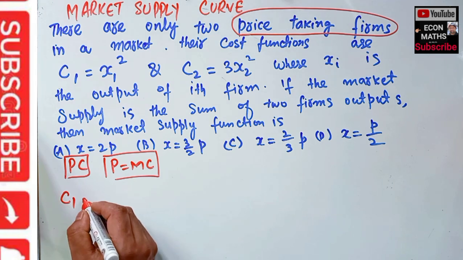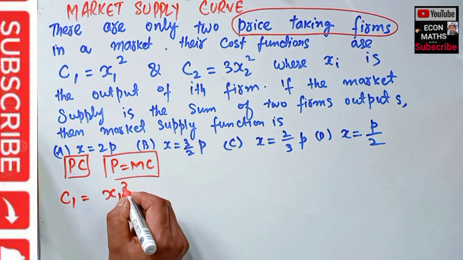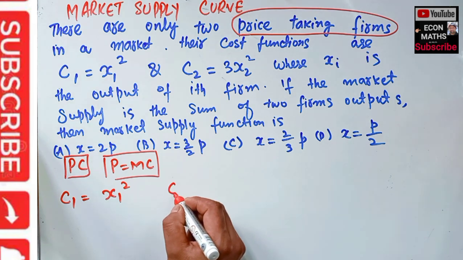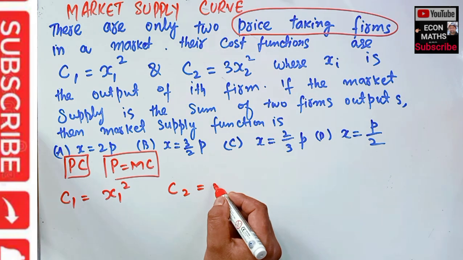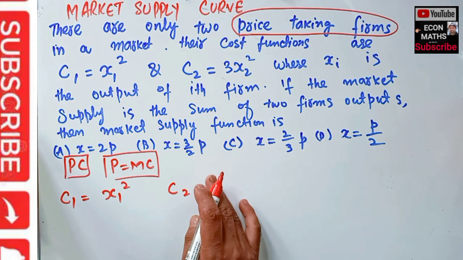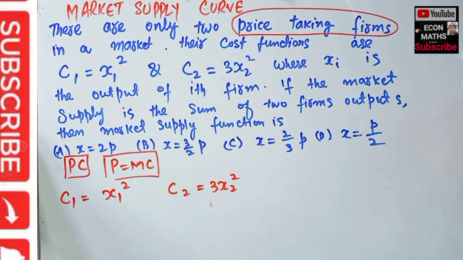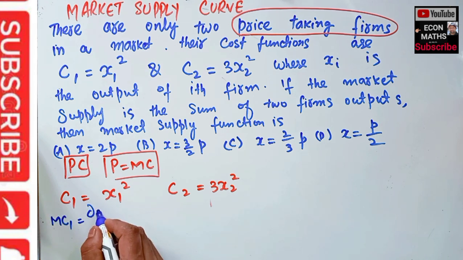We are given the cost function of firm 1 is x1 squared, and the cost function of firm 2 is 3x2 squared. Each firm will equate its price with the marginal cost, so let's first find the marginal cost. The marginal cost of firm 1 is the derivative of its cost function with respect to x1.